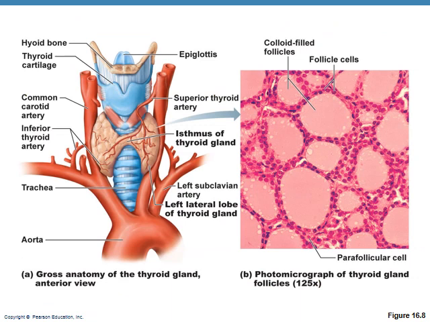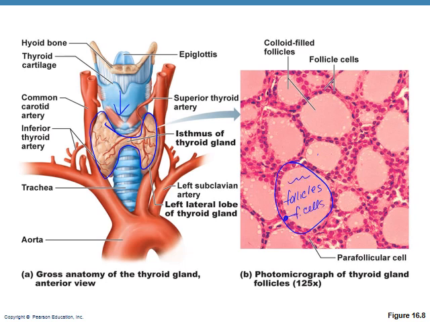Here's an image for you. You can see the thyroid here below the larynx, anterior to the trachea. And this is what it looks like underneath the microscope. So you have these really large cells. This is the very first photo that we looked at from chapter 16. These are called follicles. These cells are called follicular cells.